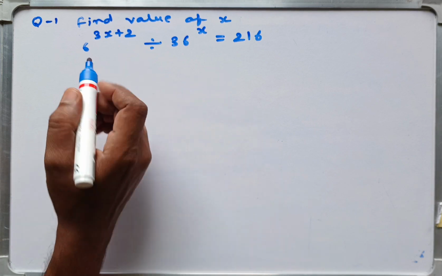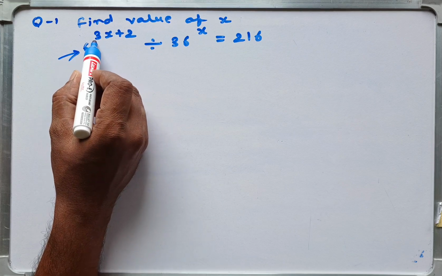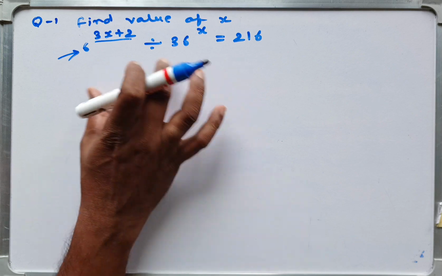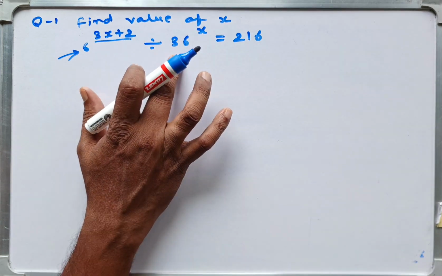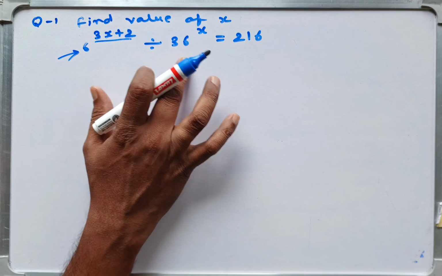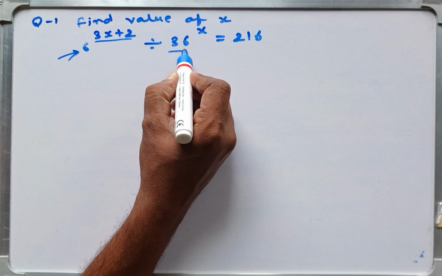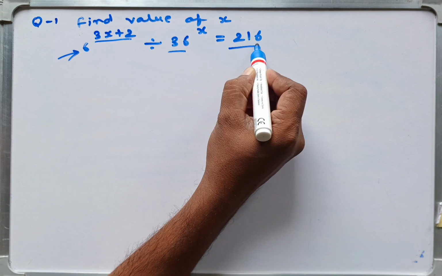So guys, see here the base is 6, and the power is this one. We can search for the possibility of whether a power of 6 is coming or not in the other terms, in 36 and 216.